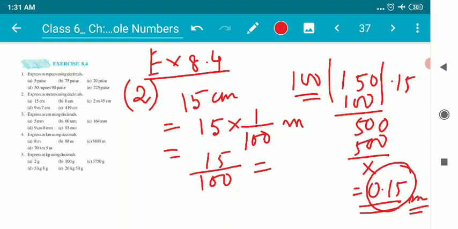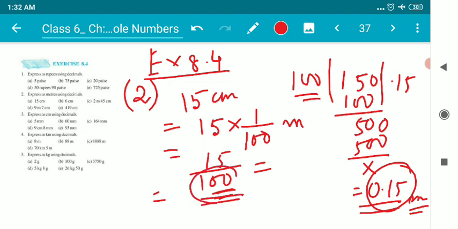This was the normal division process, but as we are studying class 6, we will use a shortcut technique of placing the decimal in the numerator. There are 2 zeros, so the point will come in the numerator, 2 digits before from the right hand side.